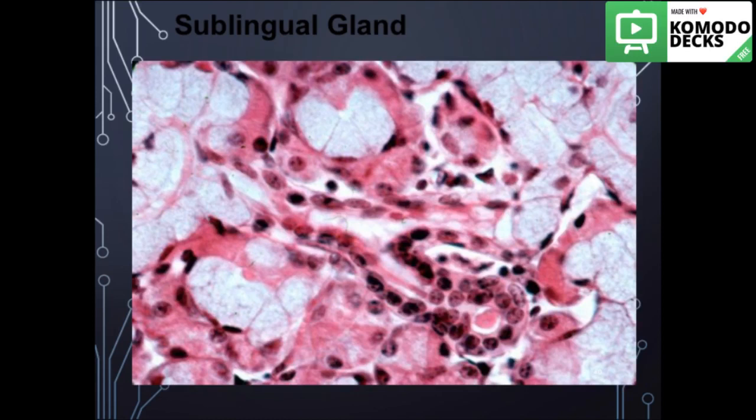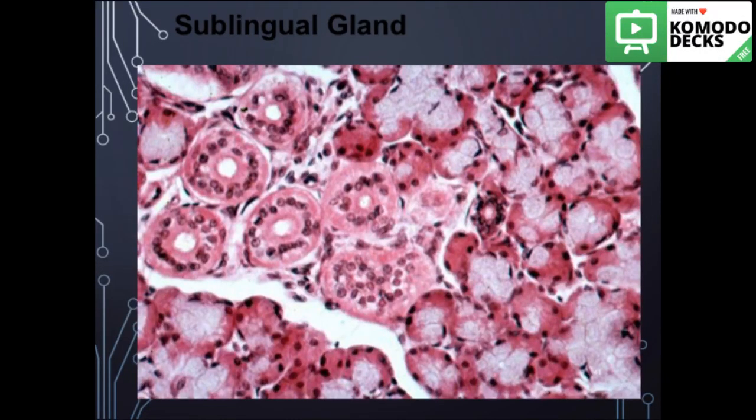Here's a magnified view on one intercalated duct. Again, we see multiple striated ducts in between the secretory acini, with a very unusual appearance of intercalated duct.